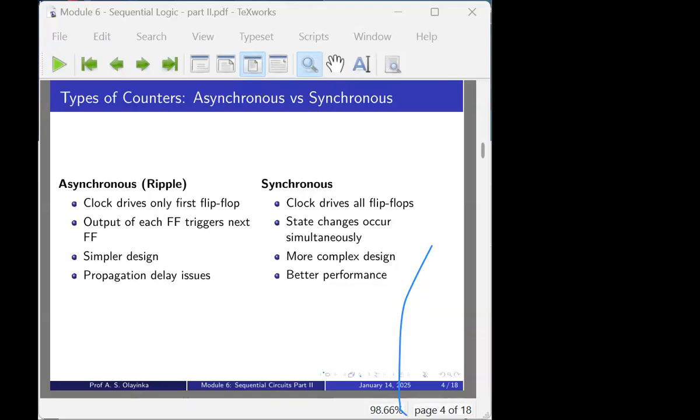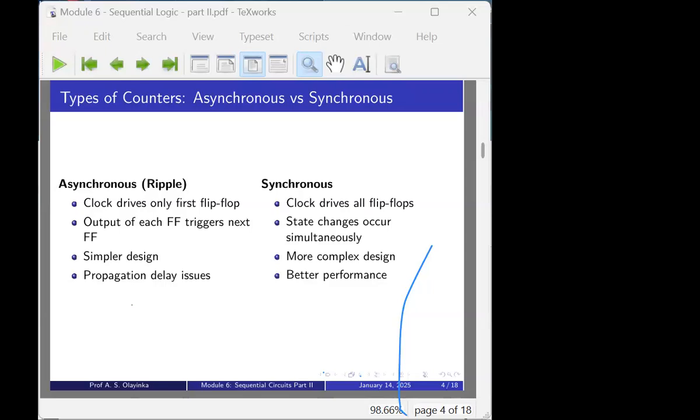What happens is that the clock drives only the first flip-flop. The output of each flip-flop is the one that will trigger the next flip-flop.